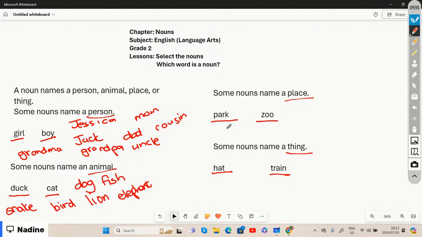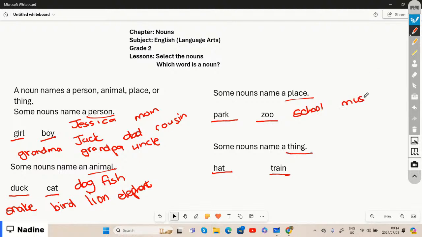Places, right? We said places that the names, right? It doesn't necessarily have to be the exact name of a place, right? Like it doesn't have to be the name of the park or say whatever zoo it is. It's just a zoo, a park, a school instead of being specific about the school, right?